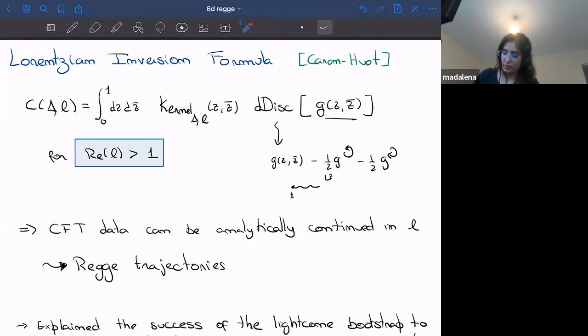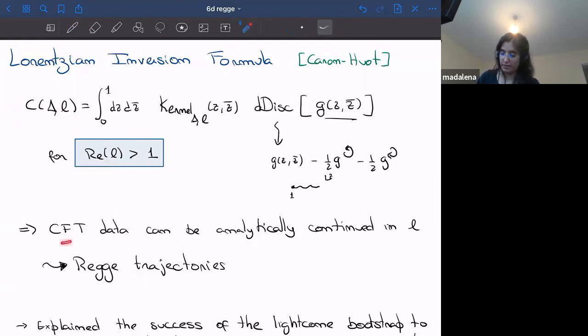And this formula is valid now for any arbitrary L. It gives an analytic continuation in L of this function that was only defined for integer L. And this formula is valid for as long as the real part of L is bigger than 1.